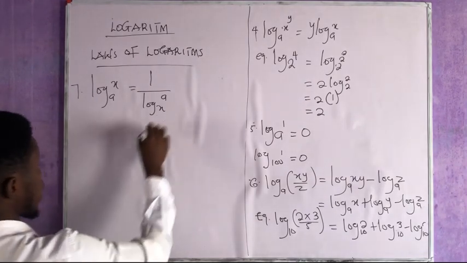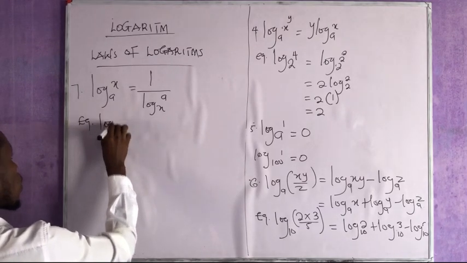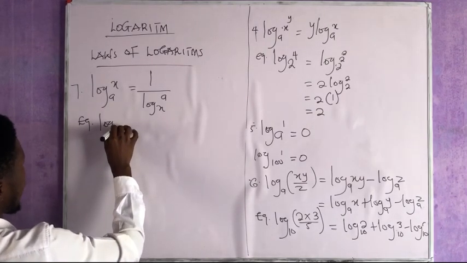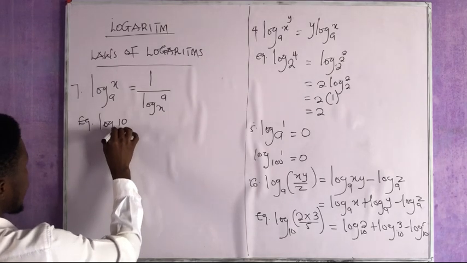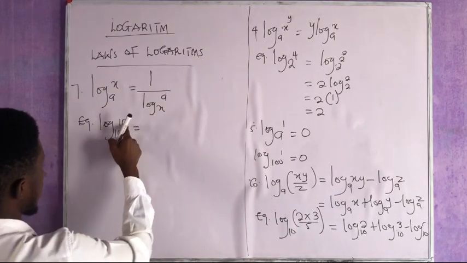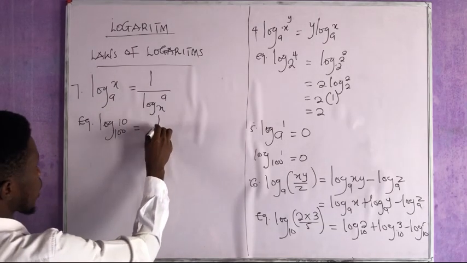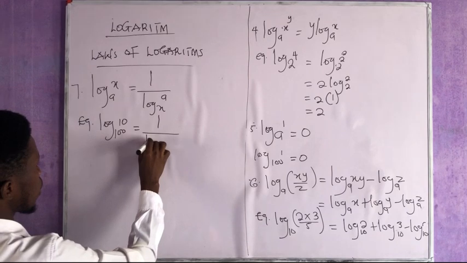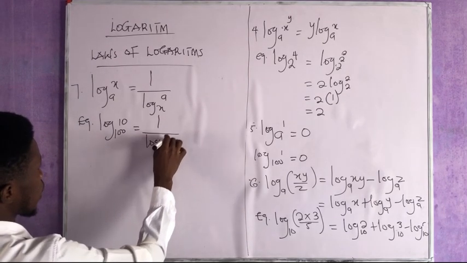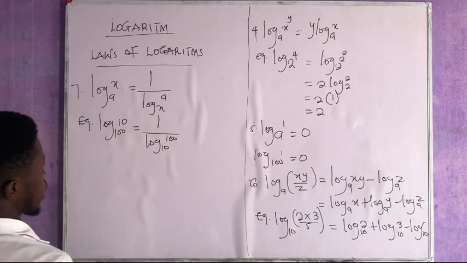Now looking at this, let's look at an example. Let's assume that I have log 10 base 100. Now I want to bring the 10 as the base and the 100 as the power. I have to write it as 1 over log 100 base 10.